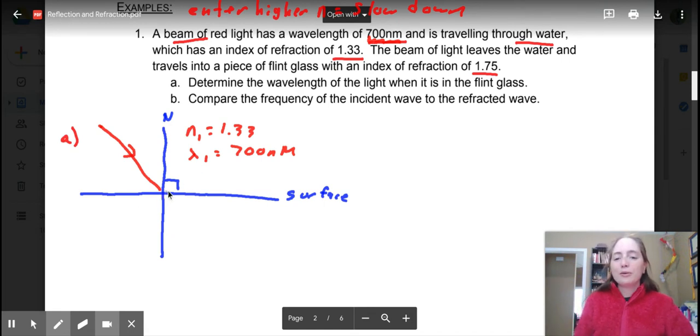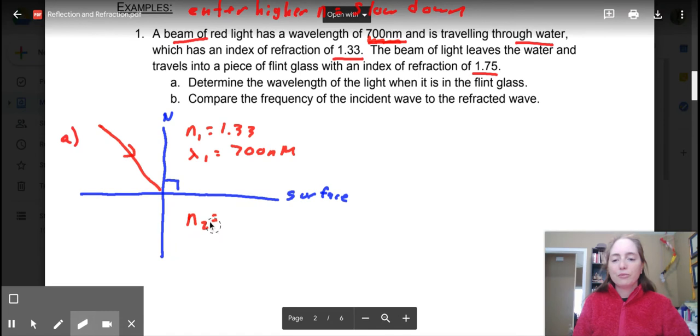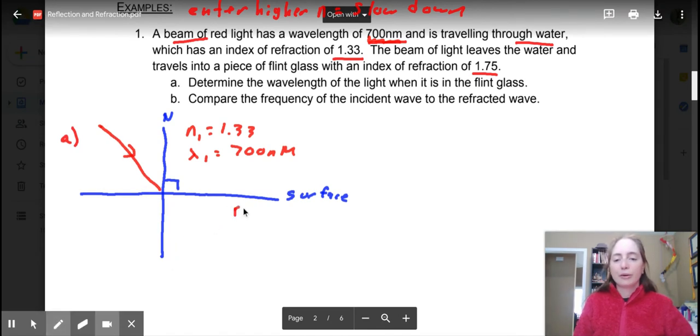Okay, so now notice we're going into our flint glass, which is going to have an index of refraction of 1.75. I'm just going to move that over so I've got more room to draw my ray of light here. So n2 is our 1.75. Now that means that the ray is going to be slowing down.